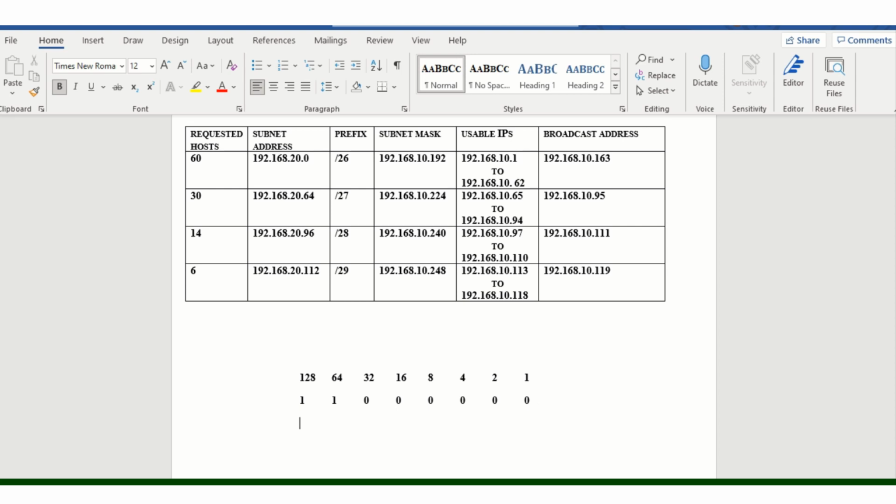In the subnet mask we use all ones for the network bits and all zeros for the host bits. So we are using 3 bits for the network, so 111, and the next 5 bits are for the host. So the subnet mask will be 255.255.255, then 128 plus 64 plus 32, which is 224.